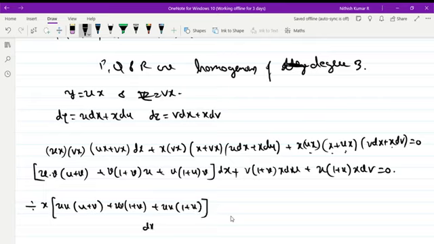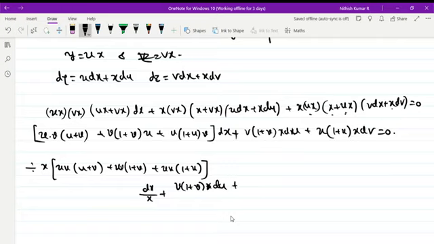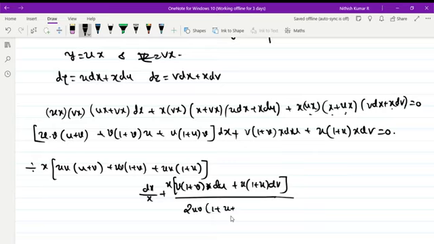We get dx by x plus, dividing these two together, v into (1 plus v) du plus u into (1 plus u) dv, whole multiplied by x and divided by, by solving, 2uv into (1 plus u plus v) and this x gets cancelled, equal to 0.